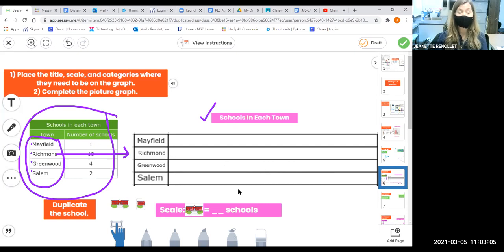Make sure yours go in the same order as the frequency table. That way you don't get confused when you're representing the data. Mayfield, Richmond, Greenwood, Salem. I checked mine. Did you check yours?